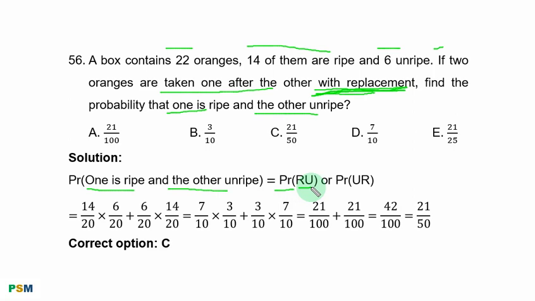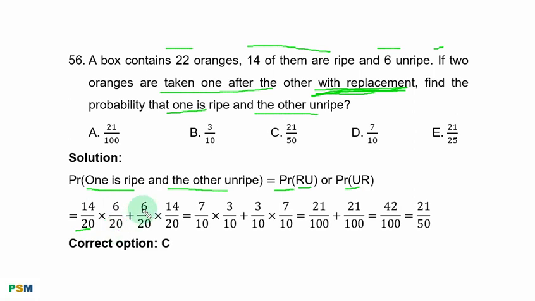if 2 oranges are taken one after the other, or the first unripe, the second is ripe. Ripe oranges, they are 14 over 20 times unripe 6 over 20. With replacement, the total is not affected.